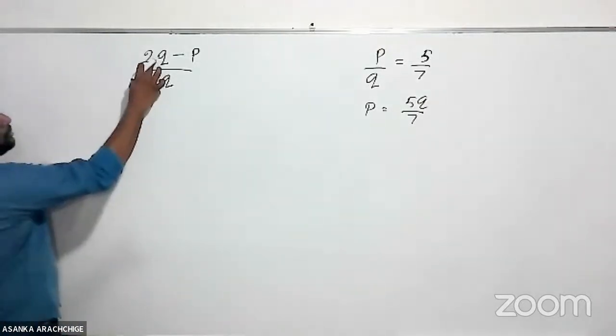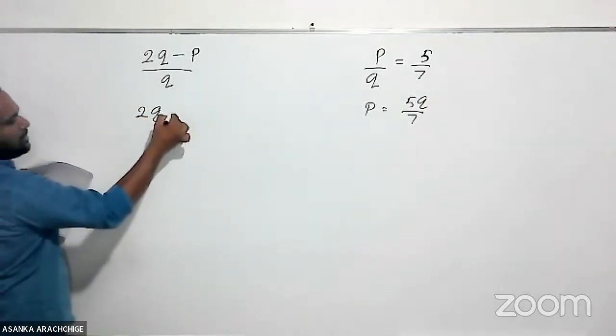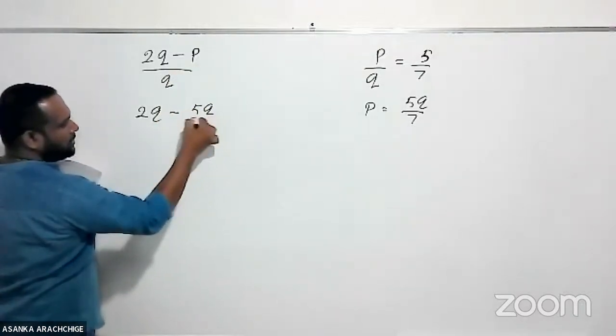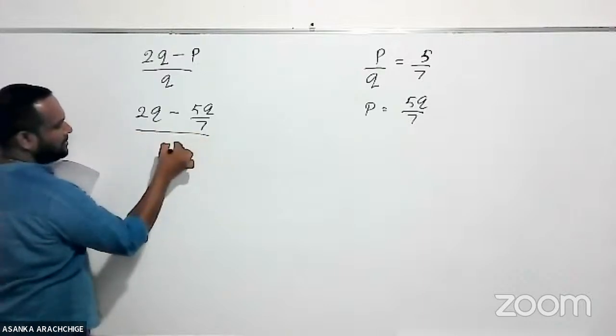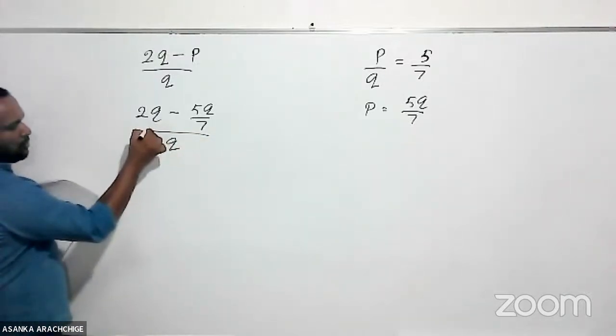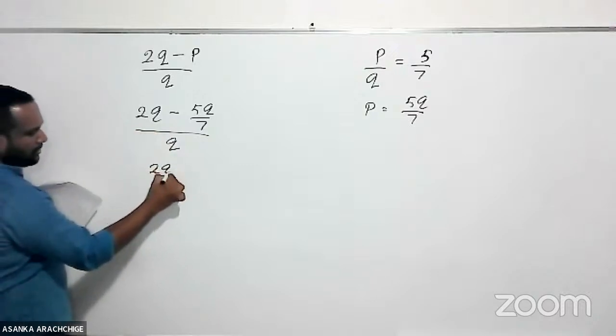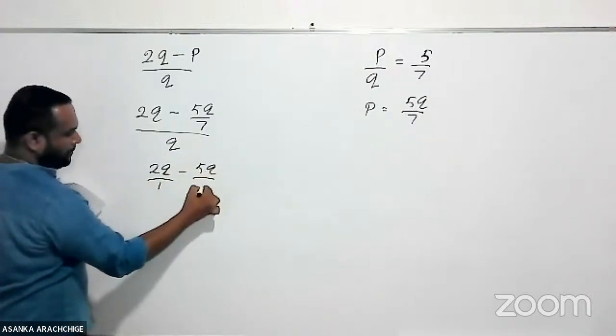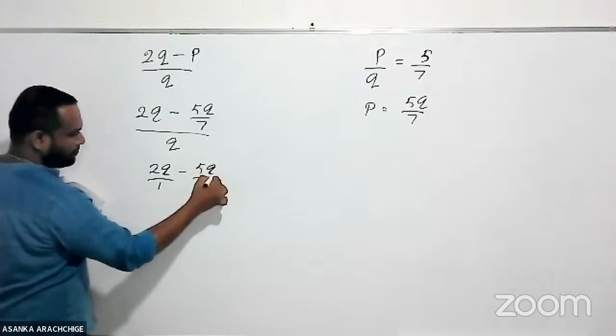Now, (2Q minus P) divided by Q. P is 5Q upon 7. Here you can put 1: 2Q upon 1 minus 5Q upon 7.